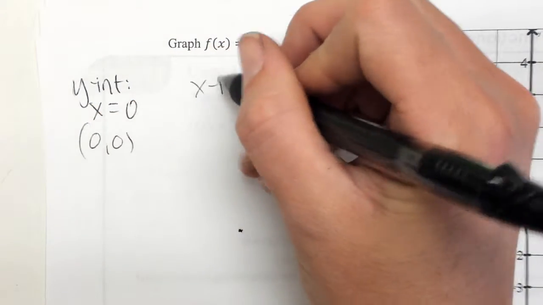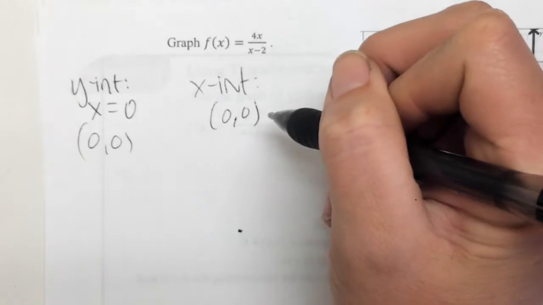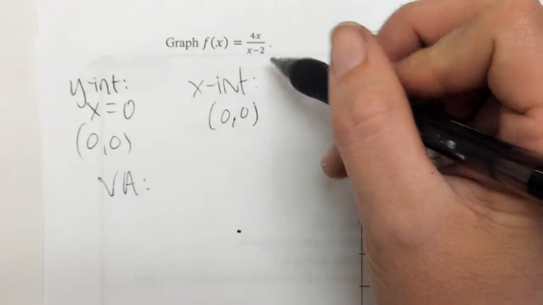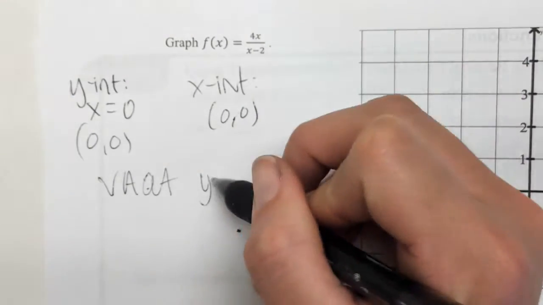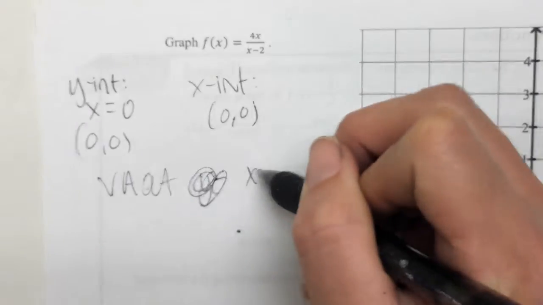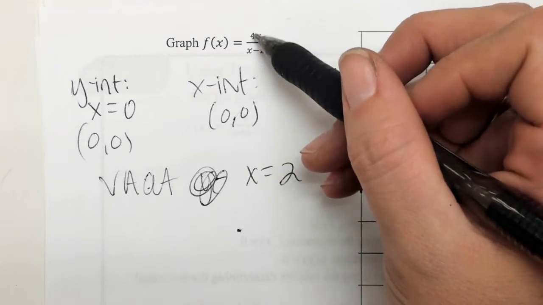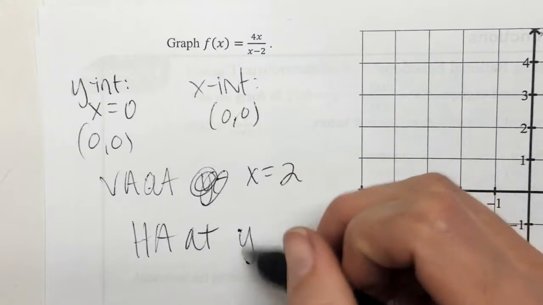For my x-intercept, just set the top to 0, and you can see that's going to be 0 as well. For my VA, I can't factor it, so I just set the bottom equal to 0. I'll have a VA at x equals 2. And these are evenly matched, so there's going to be an HA at y equals 4.